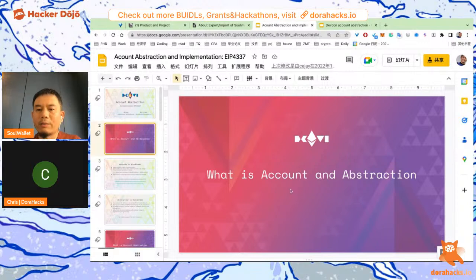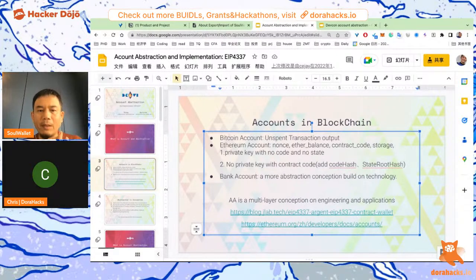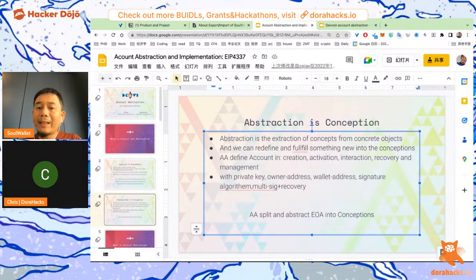So what is account, and what is abstraction? Accounts in blockchains like Bitcoin and Ethereum have many problems. So we abstract the concept and split the whole procedure of the traditional ECDSA, the traditional crypto signature method, into creation, activation, interaction, recovery, and management.